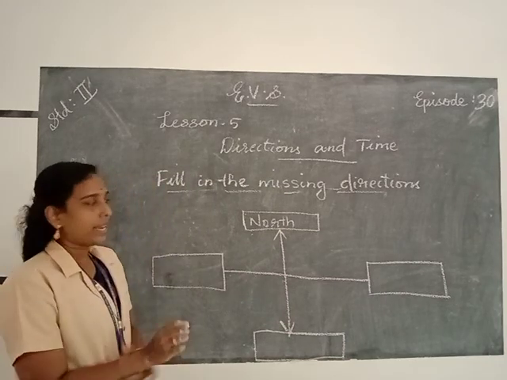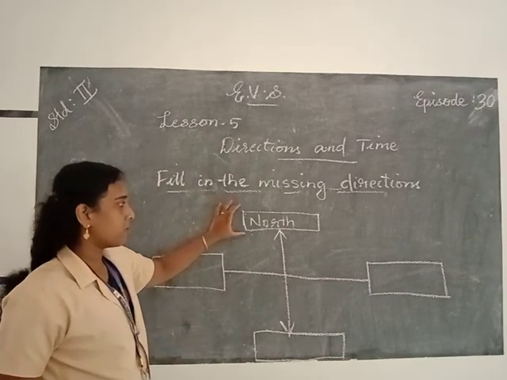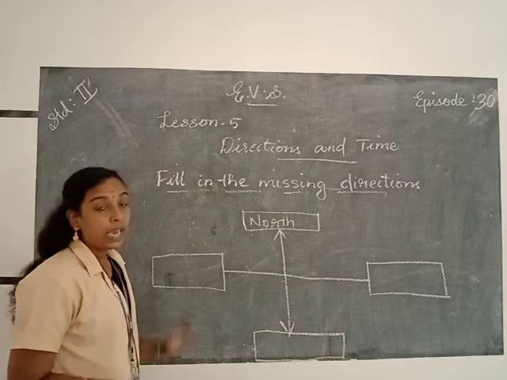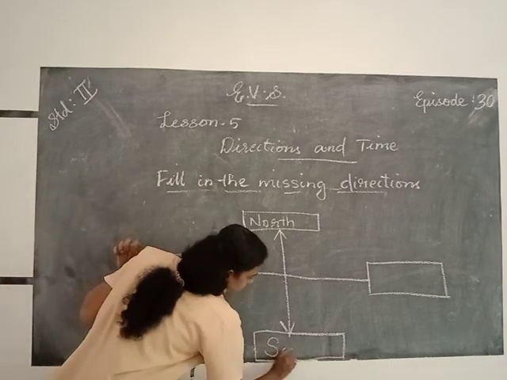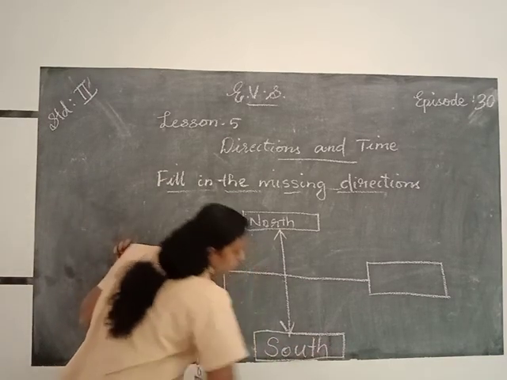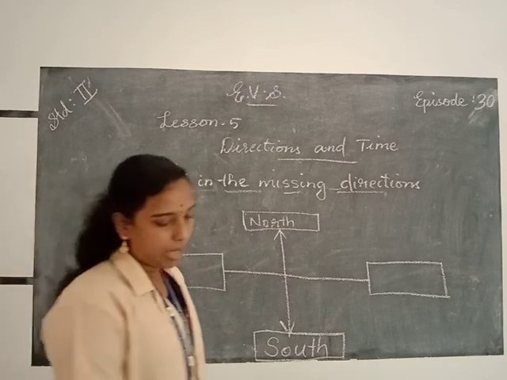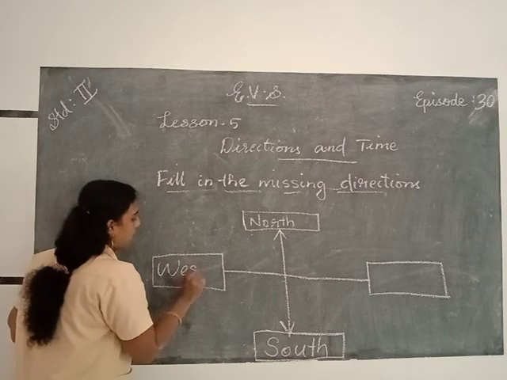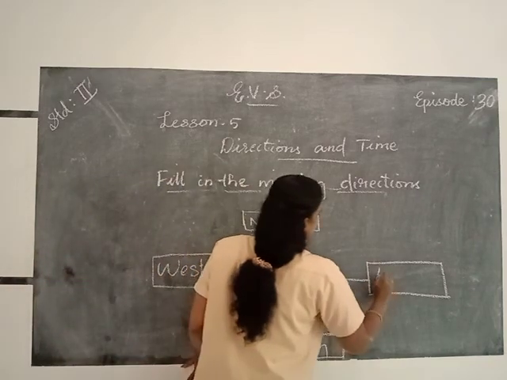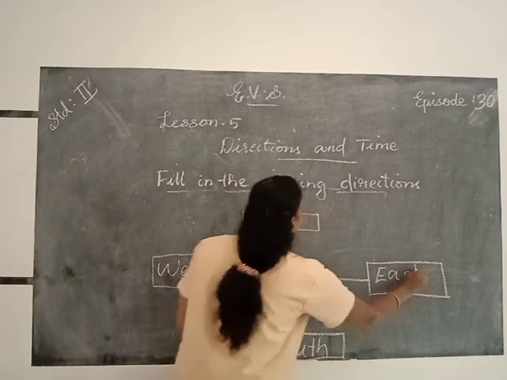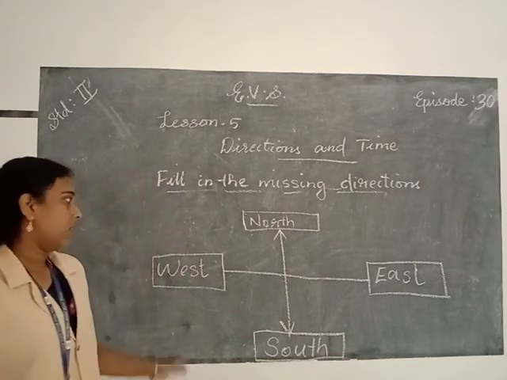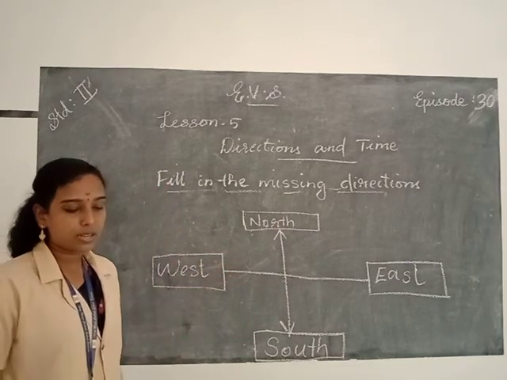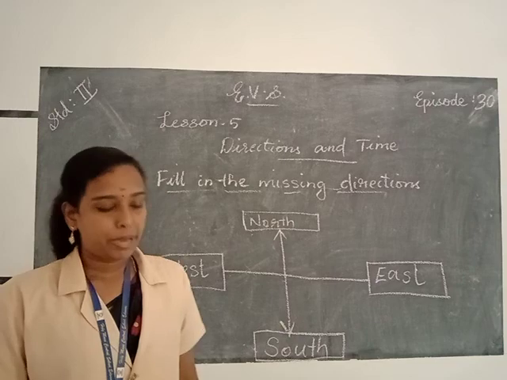Fill in the missing directions: the top of a map shows the north direction, and the bottom is south, S-O-U-T-H. The left of the map is west, and the right is east. These are the missing directions. So write the missing directions in your textbook using your pencil.